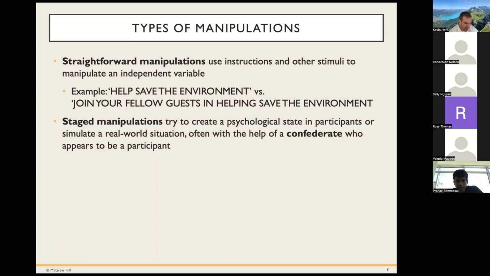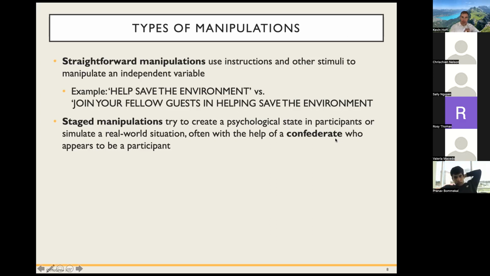I went to grad school at University of Illinois. They did this famous study where they were interested in how people from different cultural backgrounds react to getting bumped in the hallway, and they essentially paid a confederate, an actor.